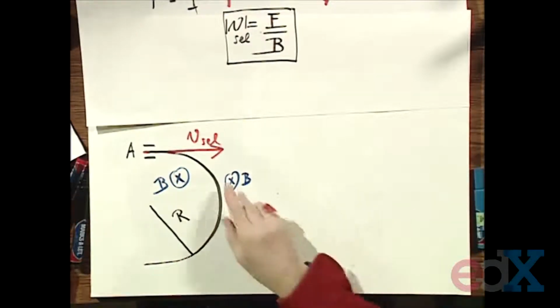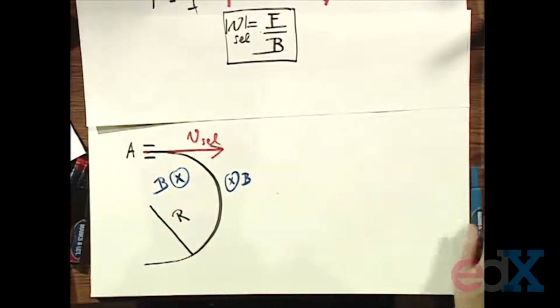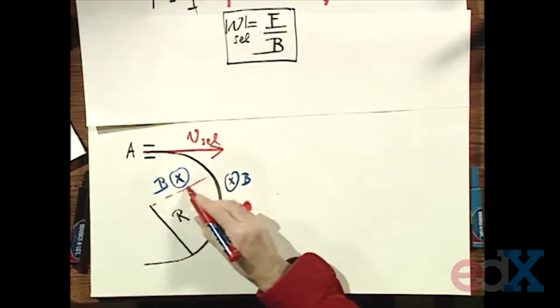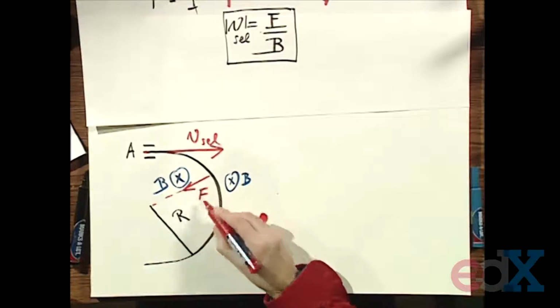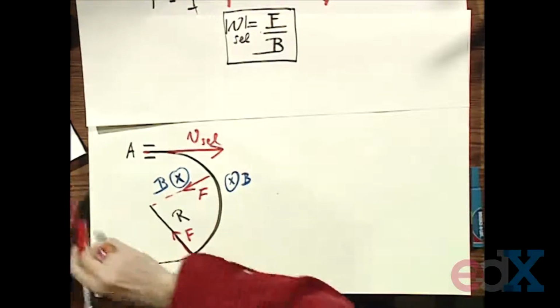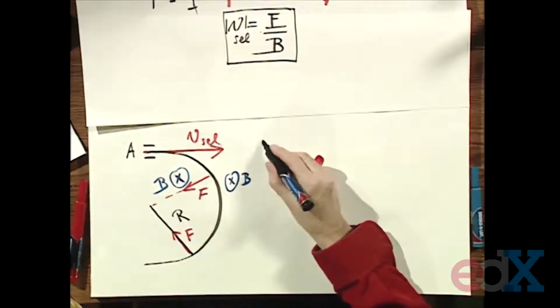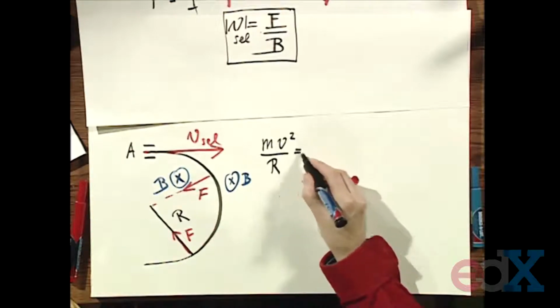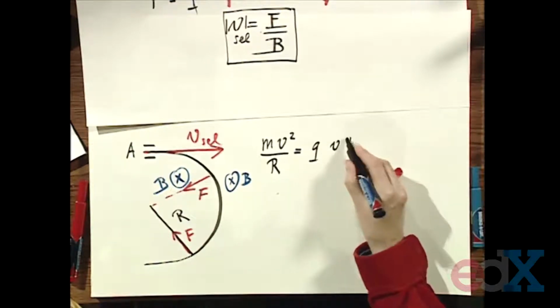Now, in order to make this trajectory, I need a centripetal force, here is that centripetal force. And so I simply get that mv squared over r must be qvB.